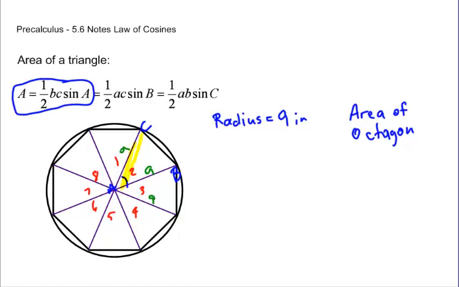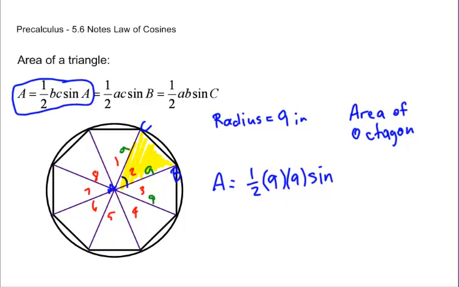And once I find the area of one triangle, I can find the area of all the triangles. So let's do it. The area is equal to 1/2 B and C times the sine of A.